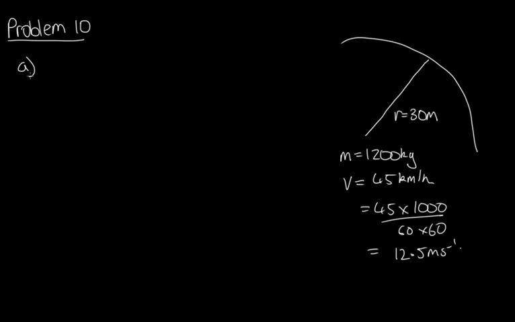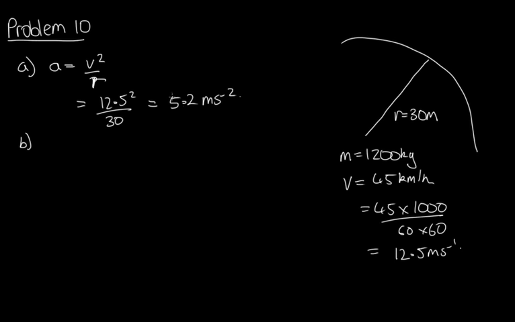In part A of the question, we're asked what is the magnitude of the acceleration of the car. We know that the acceleration is equal to v squared on r, so this is equal to 12.5 squared over 30, and solving this on the calculator, we get 5.2 meters per second squared. Part B says what net force is acting on the car as it follows the curved path.